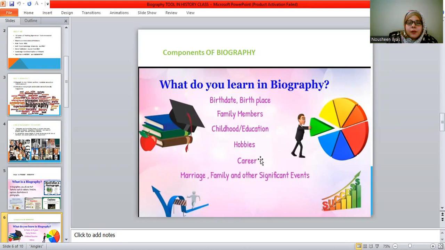In the meanwhile, I helped them when they felt stuck somewhere or unable to write. I supported them as a facilitator, but I didn't give a 45-minute lecture on Shah Waliullah.